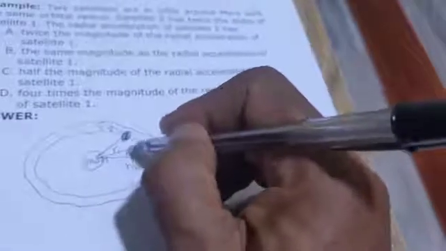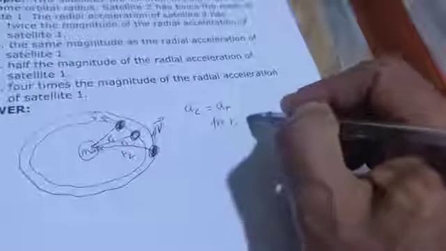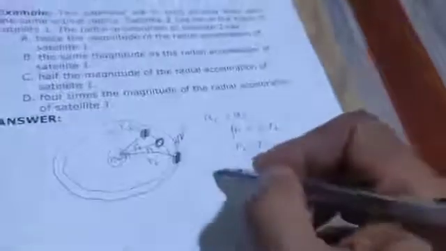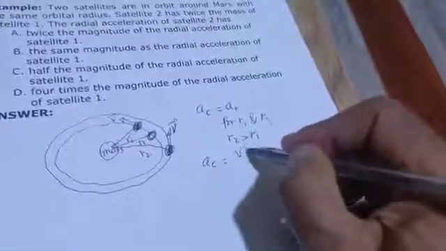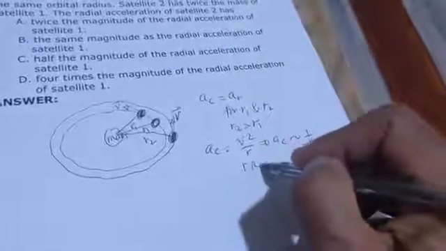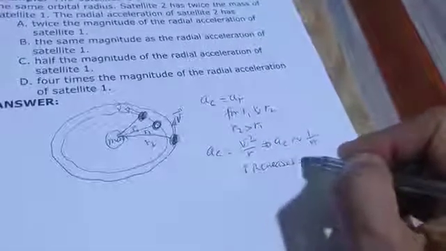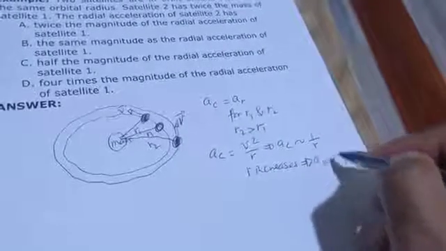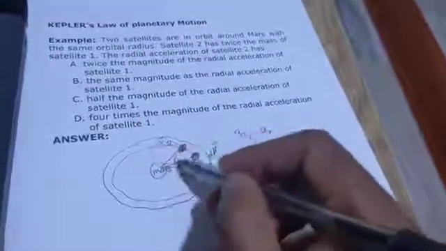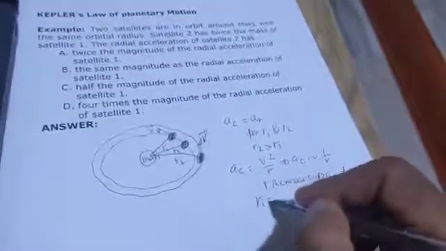If you compare R1 and R2, taking R2 greater than R1, centripetal acceleration is given by v squared over R, which implies that a_c is inversely proportional to R, which means R increases and a_c decreases. But in our case, the two satellites are moving in the same path. Both R1 and R2 are the same. R1 is the same as R2.